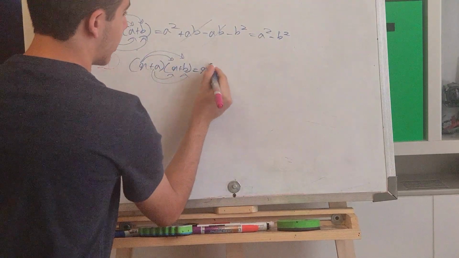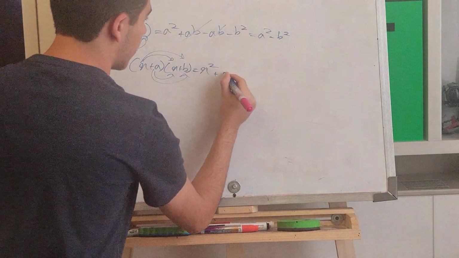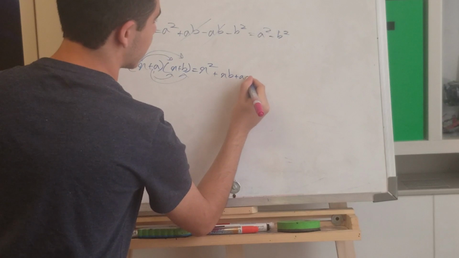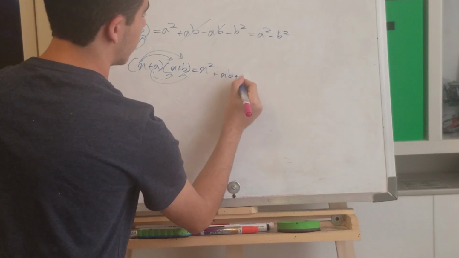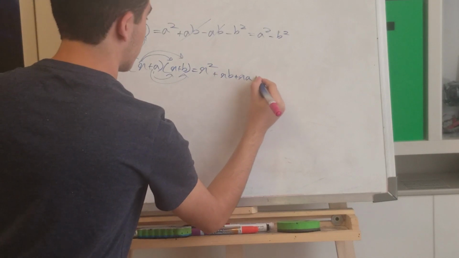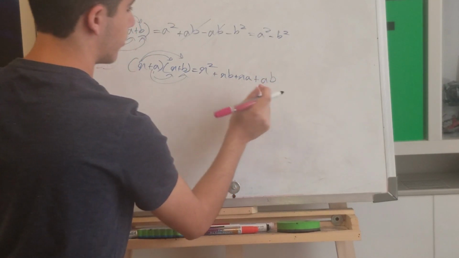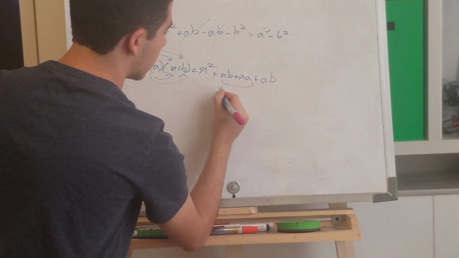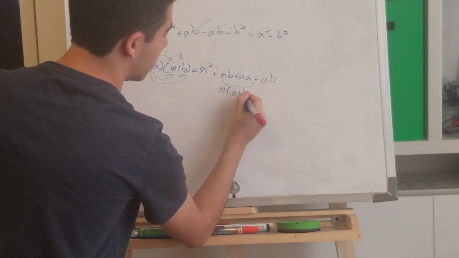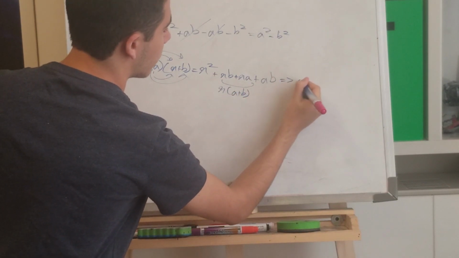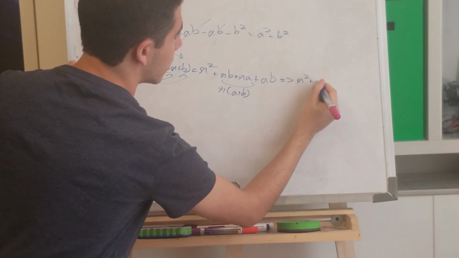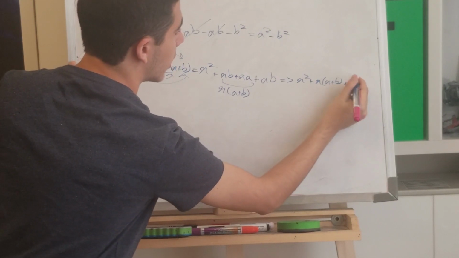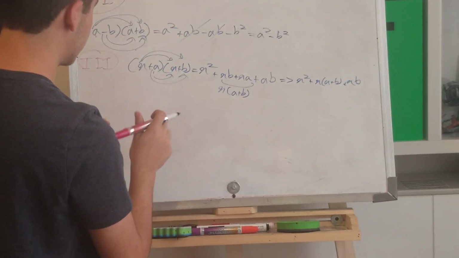You get x squared plus xb plus xa plus ab. Now you factor x from this, then you'll get a plus b, and at the end you'll have x squared plus (a plus b)x plus ab. That's how it works.